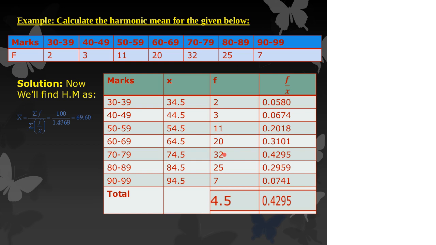Then 36 plus 32 gives us 68. 68 plus 25 gives us 93. 93 plus 7 gives us 100. So we'll have a cumulative frequency of 2, 5, 16, 36, 68, 93, 100.